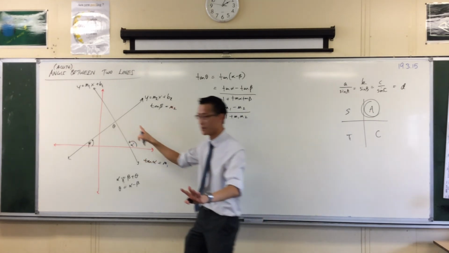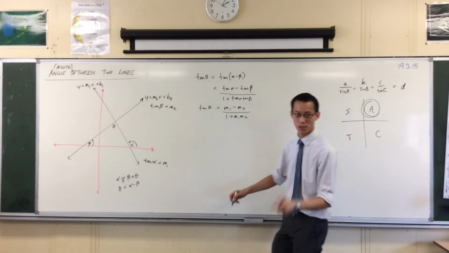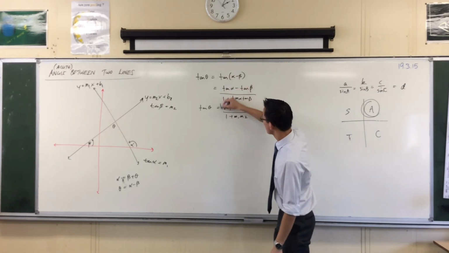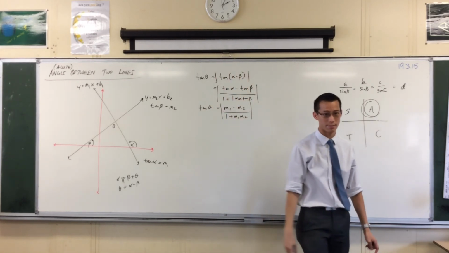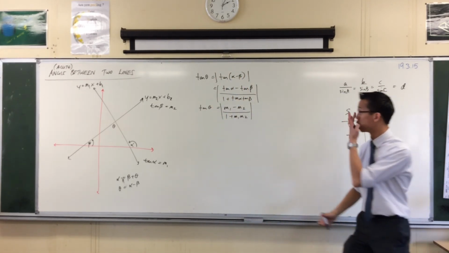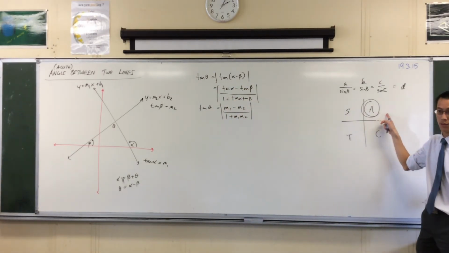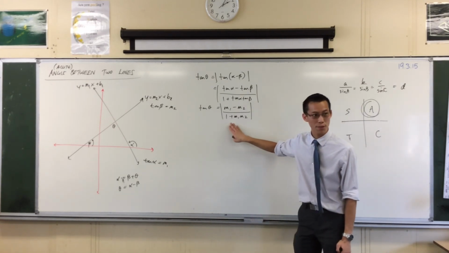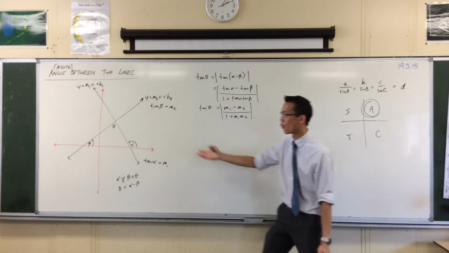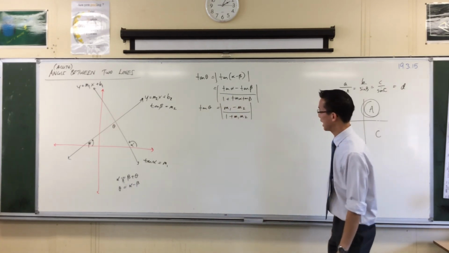So to ensure that I get the positive one, all I do, pulling back to the first topic, is slap absolute value signs around everything. Because that will ensure tan theta will be a positive number, so I'll automatically be in the first quadrant. I'll get the acute angle. So this here is the formula you can use to find out whatever angle that is for any combination of m1 and m2.